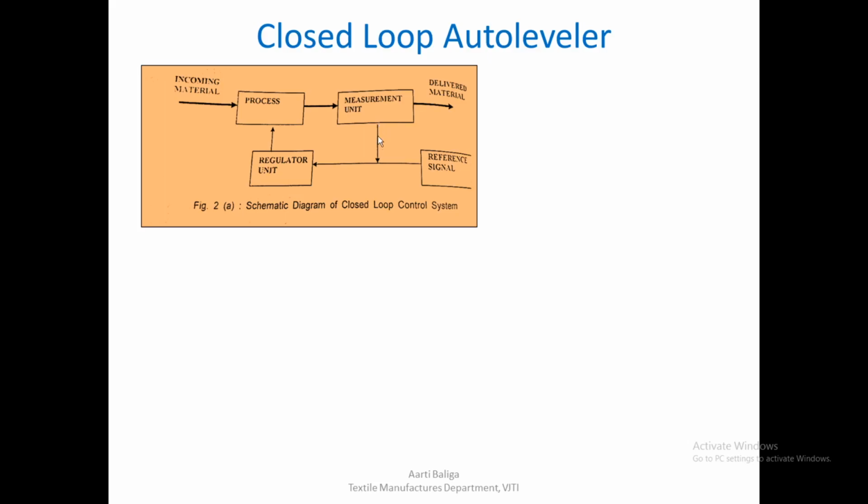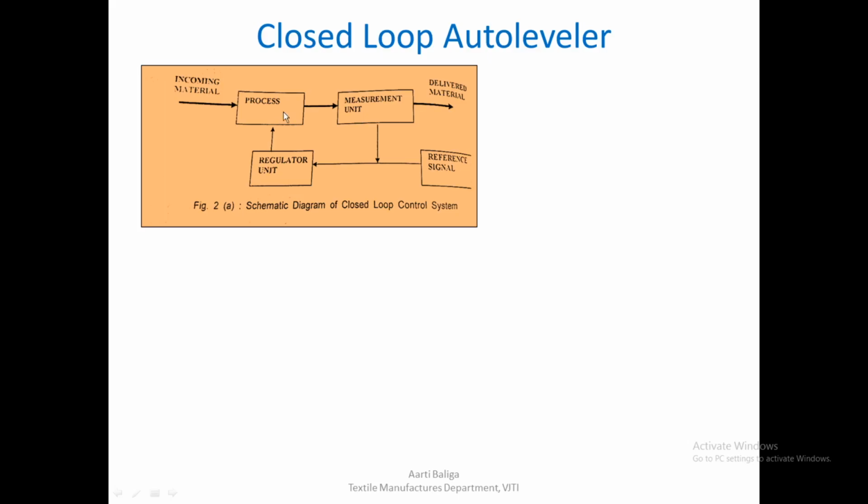It will measure it and send the signal to the regulator unit, which already has a reference signal, just like before, fed into it. It will compare the two signals and take appropriate action in the process which is behind the measuring unit.